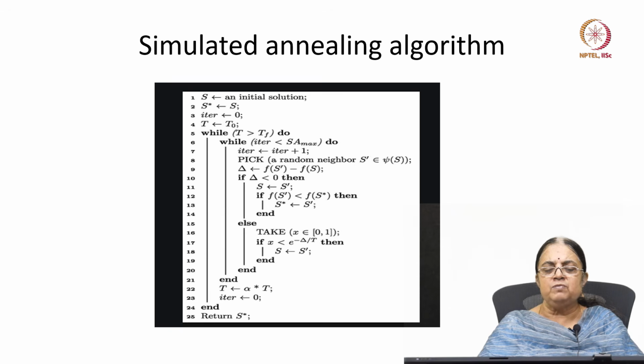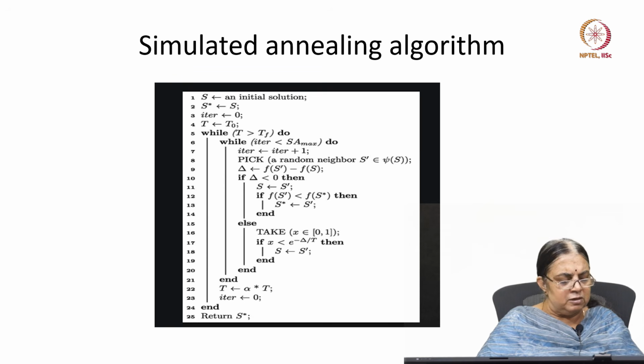But simulated annealing is much faster and you don't have to store much, because you are only storing the current solution and finding the neighboring solution, and either moving to it or not moving to it.